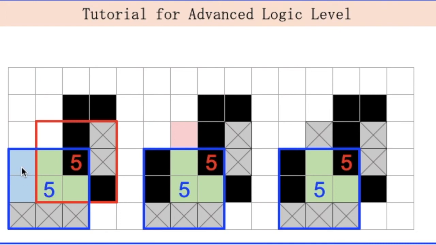So first step, we're going to fill in these 2 with black spaces. If there are 3 empty spaces, then you're going to fill all 3 of them. So any empty space surrounding this number, non-overlapping, you will fill in with black space. Okay, and then we will analyze.